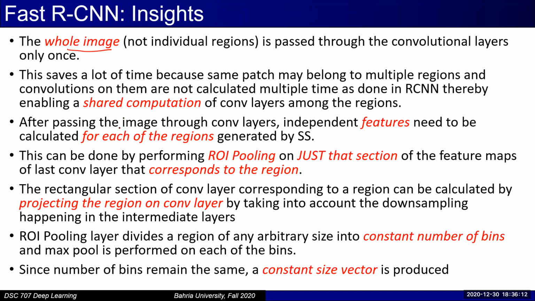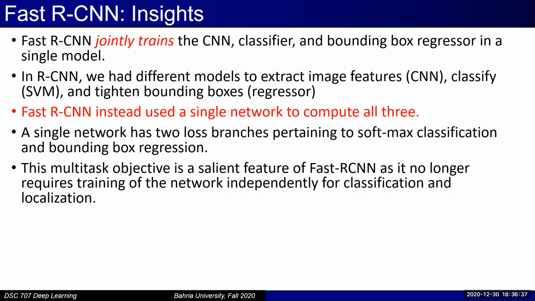Then once we have the region proposals, we project them on the feature map, and we use the ROI pooling layer, and the advantage of the ROI pooling layer is that it will end up with a constant number of bins. Means if you have a fully connected layer, you can feed it by smartly choosing the window size. You can always get a fixed size vector or matrix, whatever is needed at the fully connected layer.